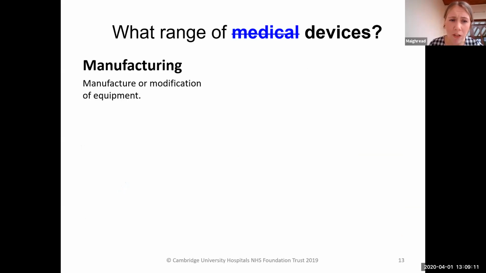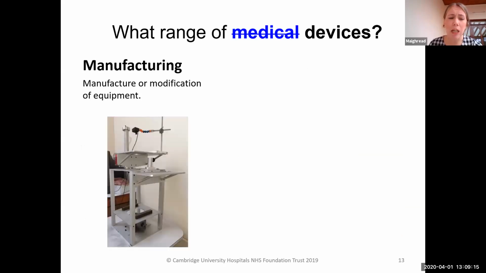We are also involved with other types of devices within the trust. As I mentioned, we are involved with manufacturing and modification of equipment, and this may not necessarily be medical device equipment; it may be lab equipment, or some sort of calibration equipment used within the hospital.